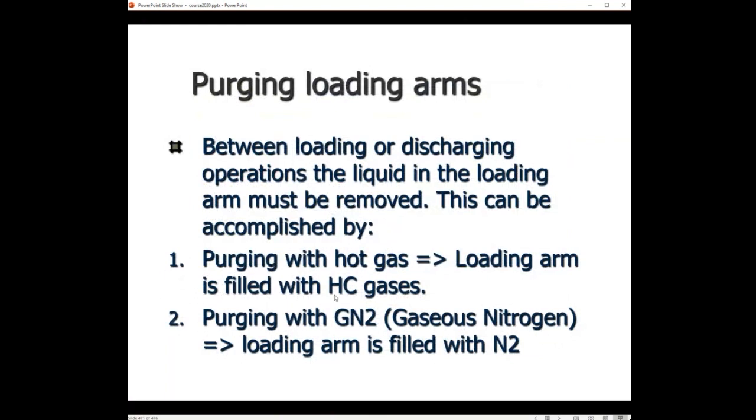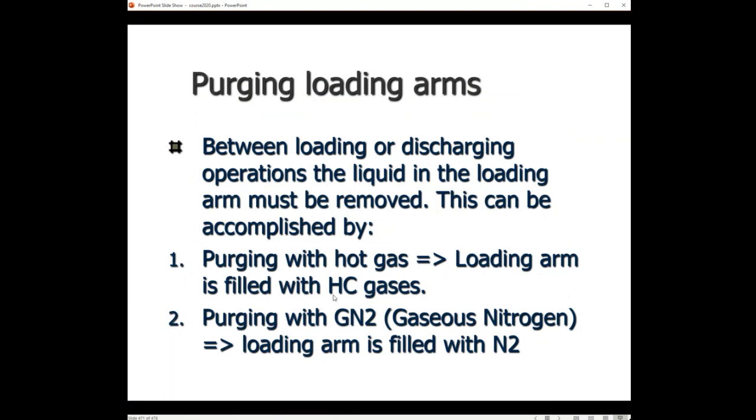I want to add here that the way to get rid of the liquid inside the loading arm can be done by pressurization. So that means you close the discharge valve from the shore side.